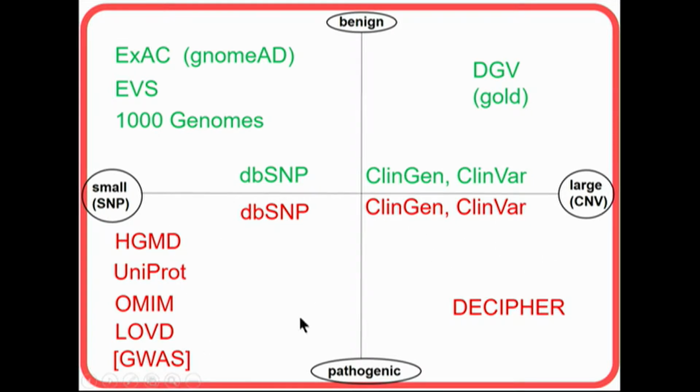Or on the benign side, you might look at HGMD and UniProt and OMIM, because they have some big stuff as well. And if you're looking at big stuff, you're also looking up here at DGV. You're looking at the benign big ones. And we have the gold standard now, which pulls out some of the older DGV entries that were not as reliable as the more recent ones.